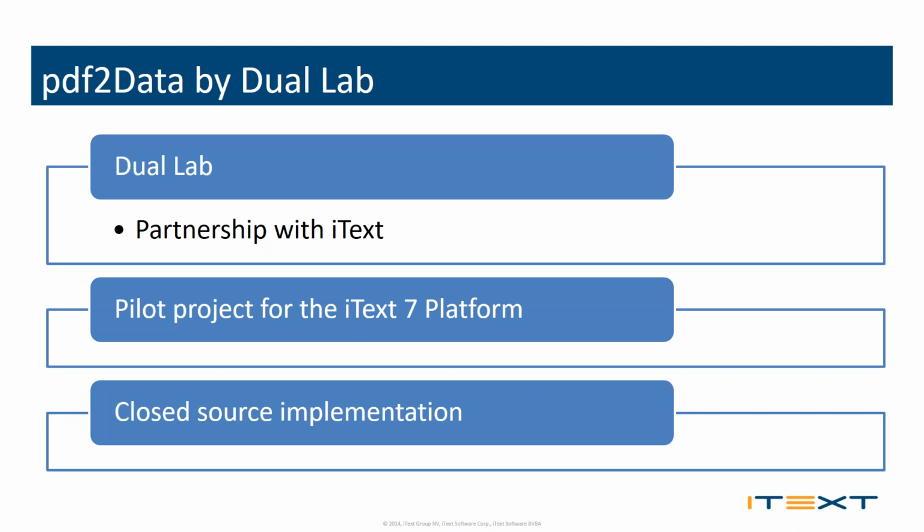We are very happy that we were able to reach a partnership with iText where this software becomes an iText add-on and is distributed along with the core iText library. As just mentioned, this is a pilot project for the iText 7 platform and also a first of, I hope, many plugins of similar kind in the future.